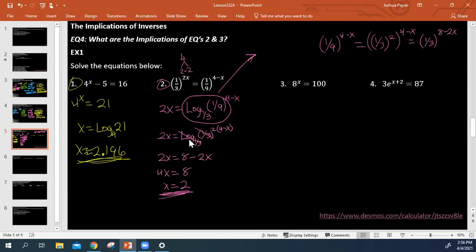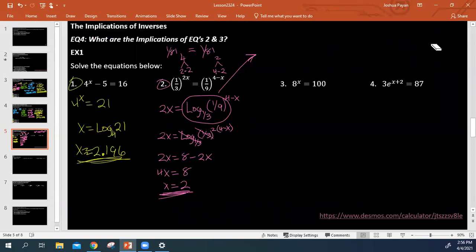So that would be 1/81, right? This guy here would be equal to 1/81. And then over here on this side, this would be 4 minus 2, which gives me 2. So this would be 1/9 squared, which is also 1/81. So those two are equal. So our answer x equals 2 checks out. Okay, just like any equation, you can always do that.